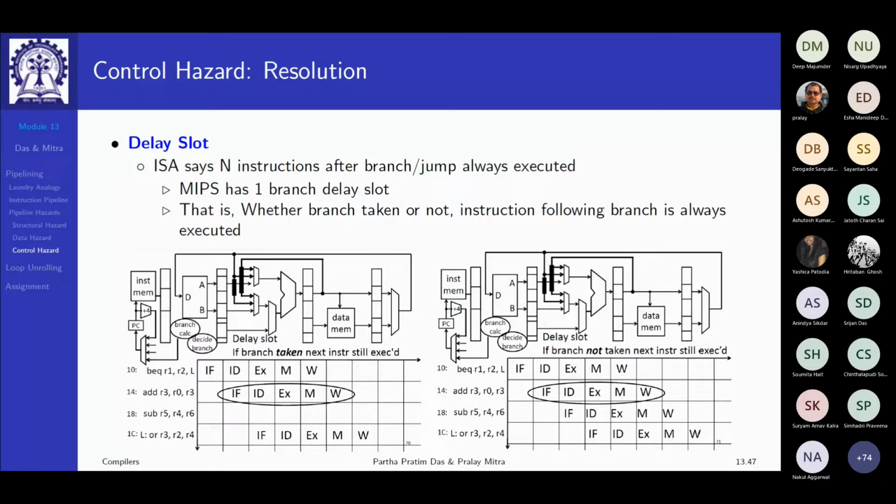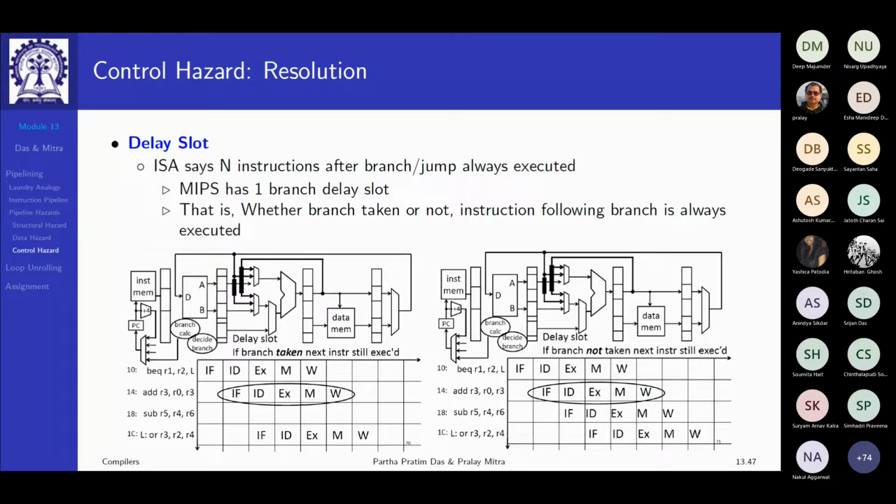Another concept which is very, very useful and to be potentially used by the compilers heavily is the notion of delay slot. Delay slot says, and this basically comes in the specification of the instruction set architecture, ISA, that any instruction after the branch or jump will always be executed. Right? You are trying to make a little bit of a non-sequential model of the instruction set.